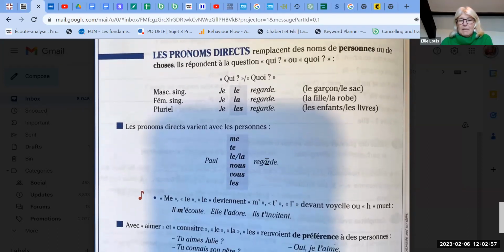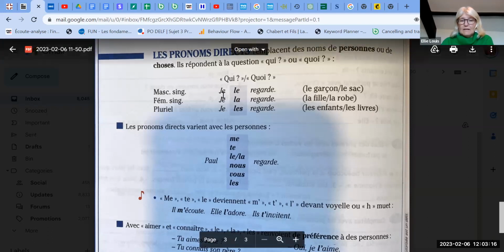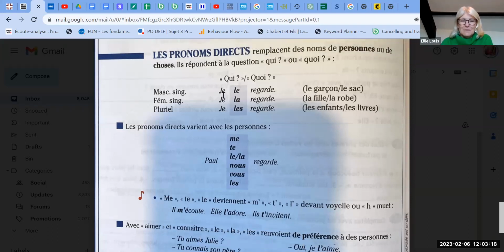But if we were talking about me, you, we, or you, in those cases, we would use me, te, le, la. Le, la is the important one because we have nothing afterwards, etc. And then les. So if you say, I'm looking at me, for example, je me regarde.